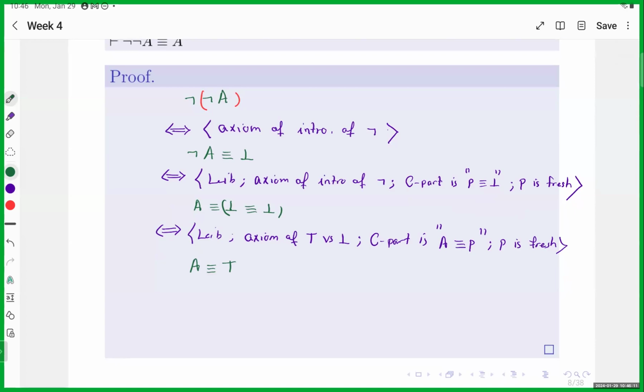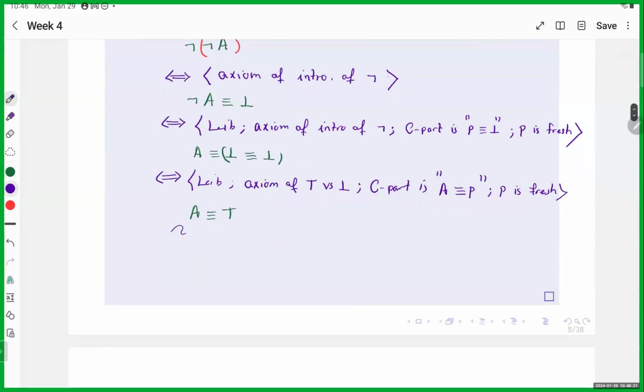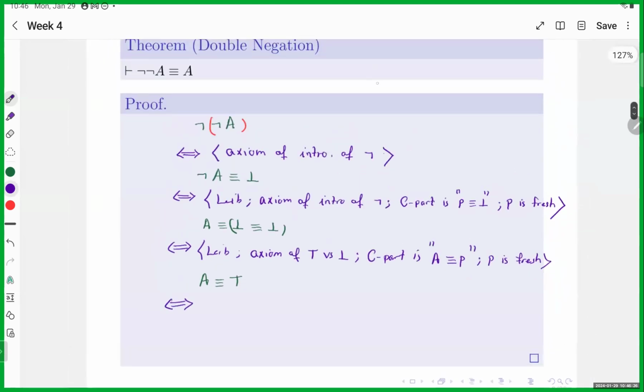Now, what did I want? I wanted A, but A is equivalent to A is equivalent to top, right? That's the redundant true. Let me again write what the redundant true was. It was a theorem, absolute theorem that we proved, A is equivalent to A is equivalent to top, right?